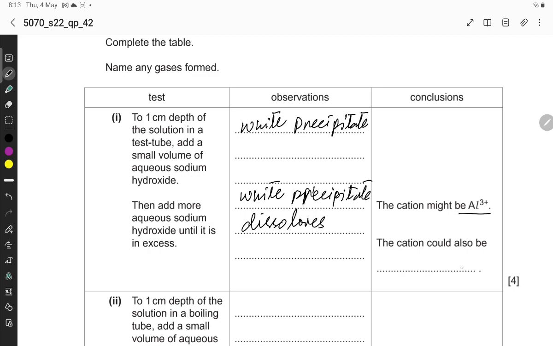The cation could be zinc 2 positive, aluminium 3 positive, or lead 2 positive.